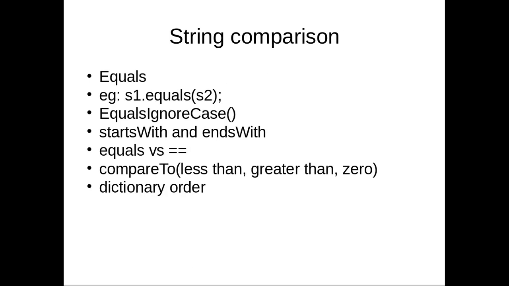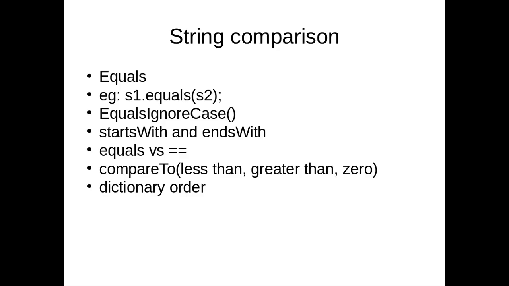Now string comparison. equals is a method, and s1.equals(s2) means the content of s1 and s2 are compared, and if both of them are the same, it will return true. equalsIgnoreCase means s1.equalsIgnoreCase(s2): what will happen?